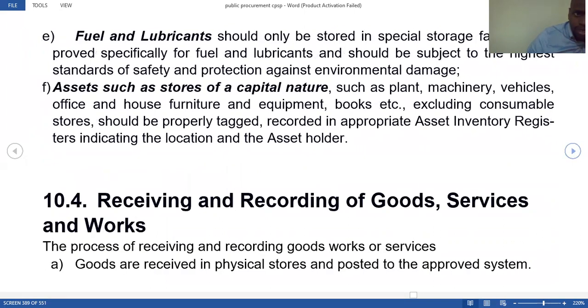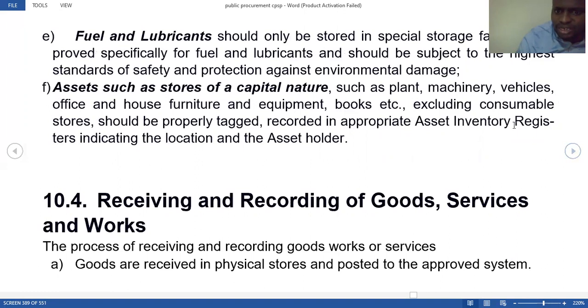Then we have fuel and lubricants. And lastly, we have assets such as stores that are of capital nature. So these are the items that take a larger amount of capital to buy. For example, machinery, vehicles, etc.